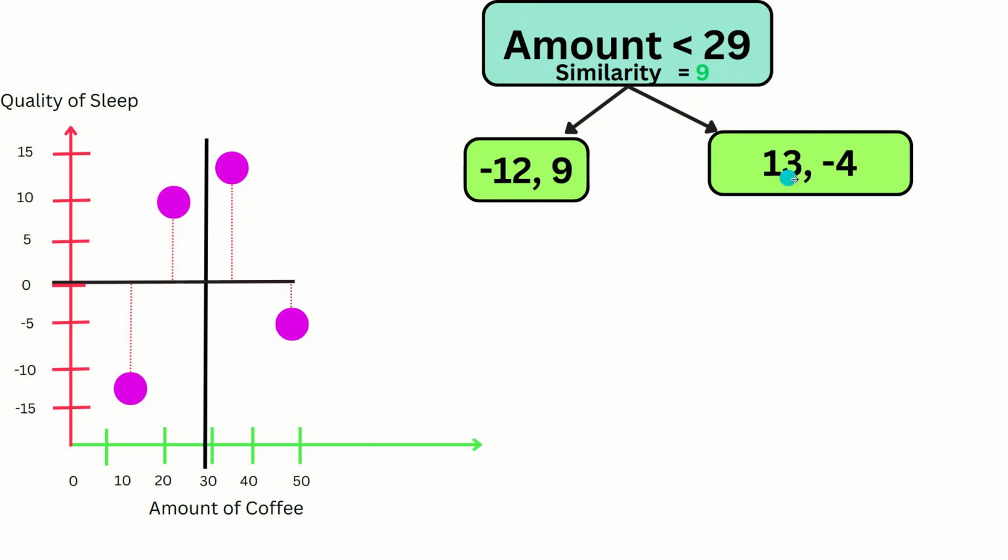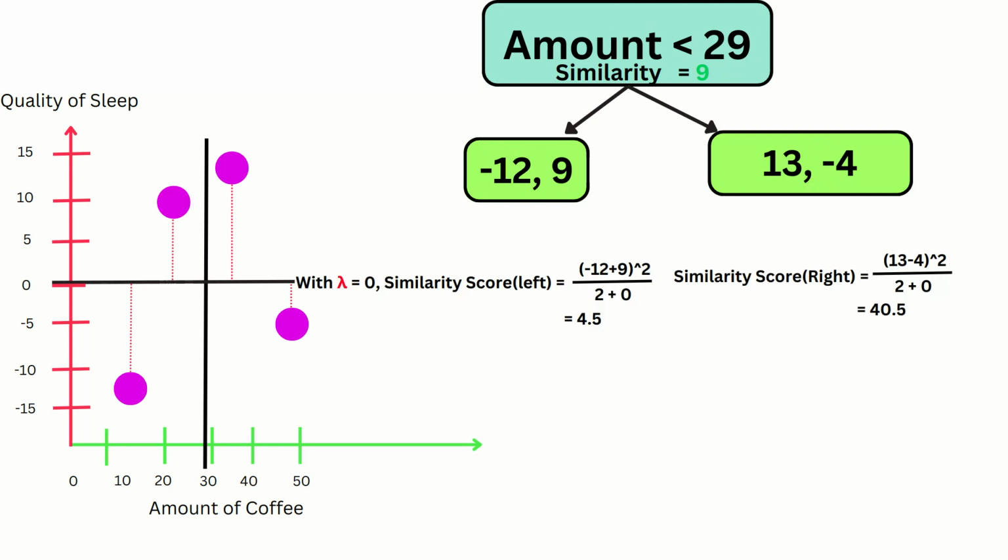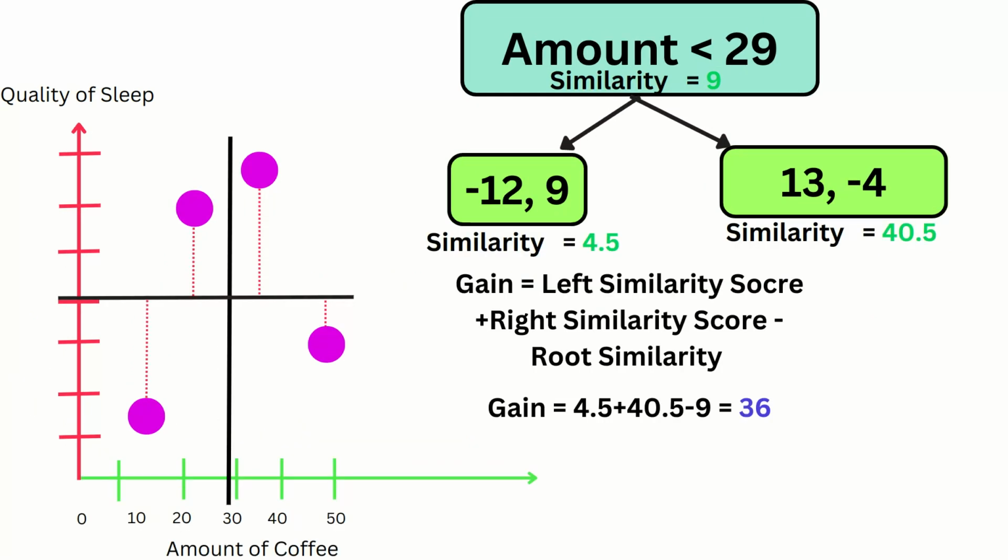We can see 13 and minus 4 are on the right leaf. We proceed to calculate the similarity score for both leaves and determine the gain based on the updated similarity scores. Here we get a gain of 36.